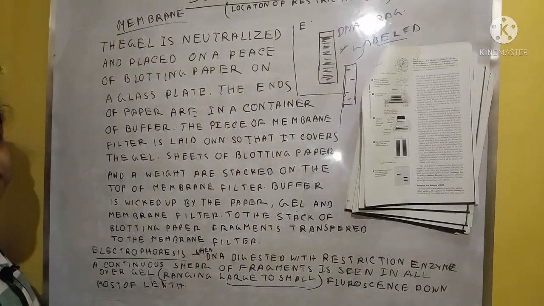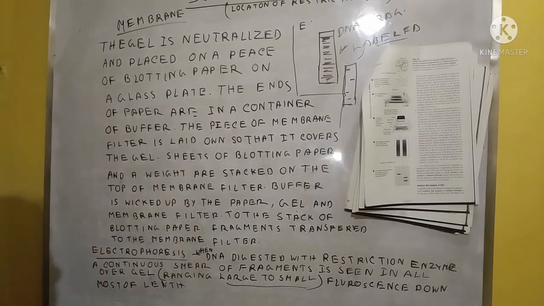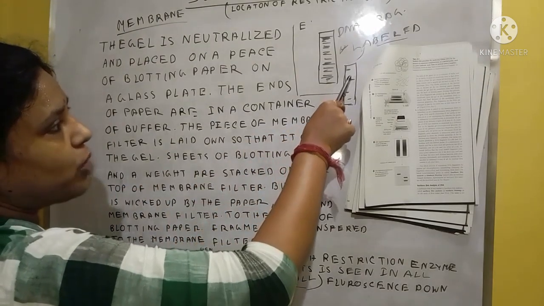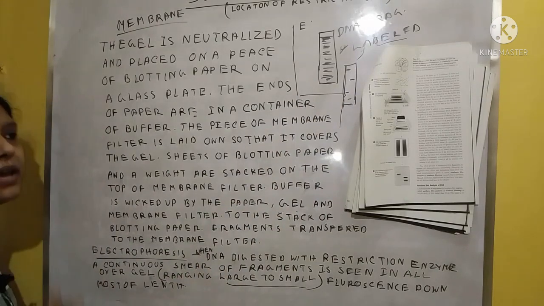After the fragments are totally transferred to the membrane filter, we put the labeled probe, and it hybridizes with its complementary fragment. In this way we can get a proper map of DNA fragments with proper restriction enzymes and length.